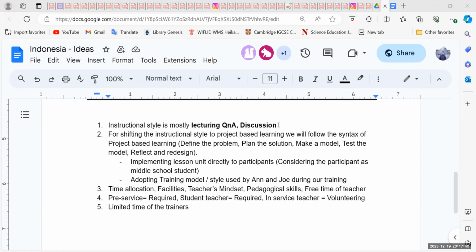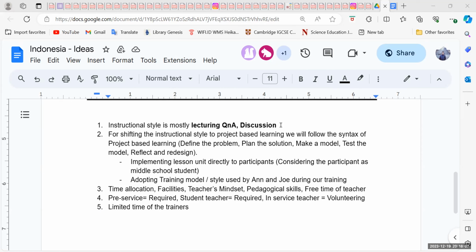For shifting the instructional style to project-based learning, we will follow the syntax of project-based learning that has been introduced in Indonesia, such as first stimulating the topic, issues, or problems for the students, then defining the problem, then the solution, etc.